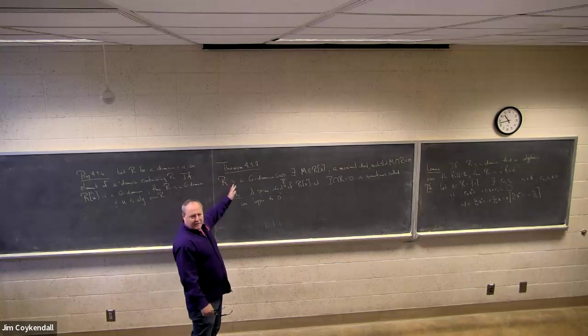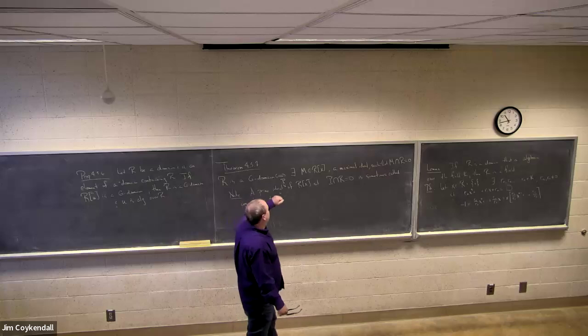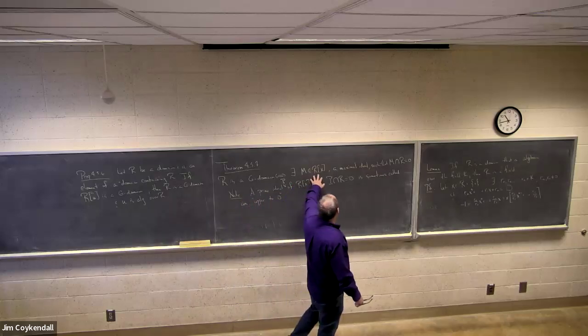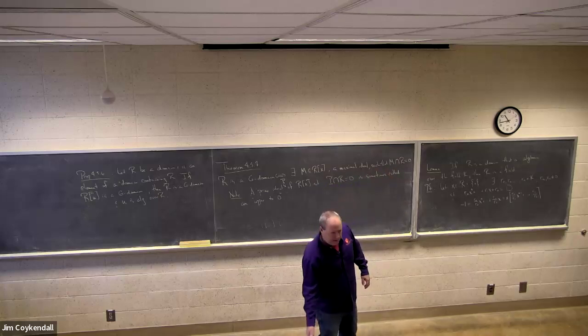So basically, this theorem, how can you tell if it's a G-domain? If there is a maximal ideal of the polynomial ring that intersects down to zero.